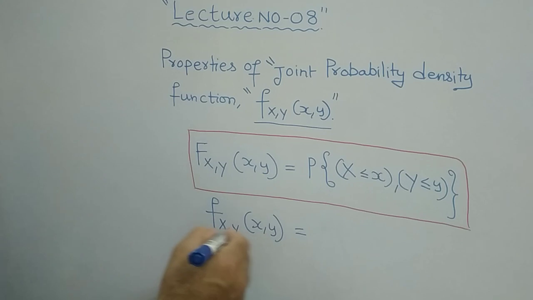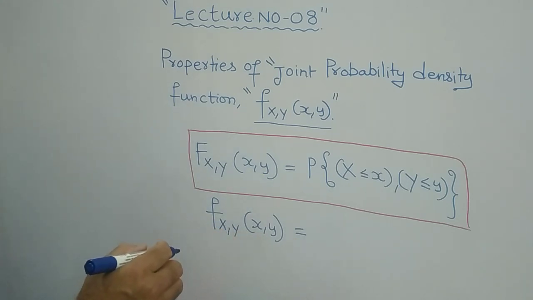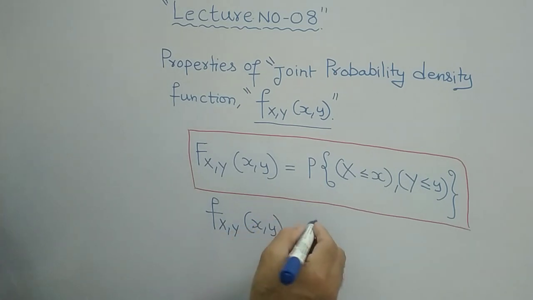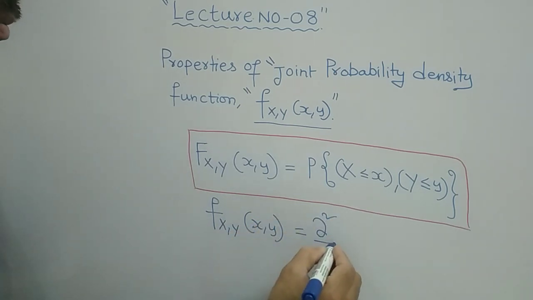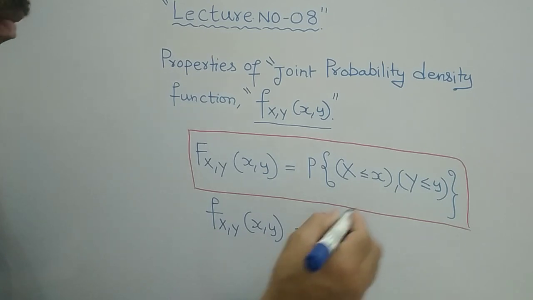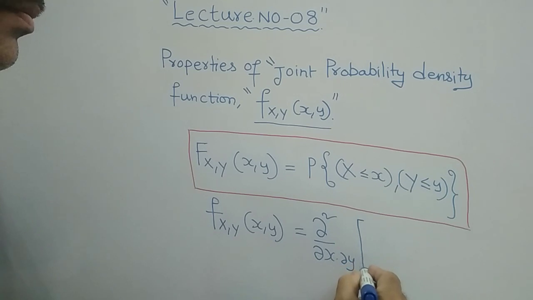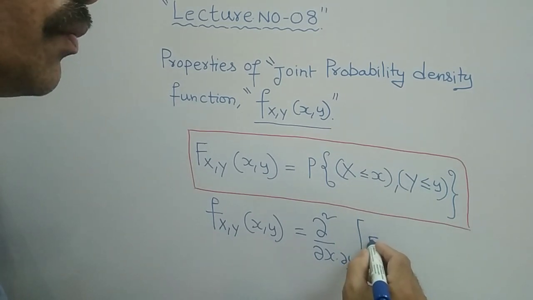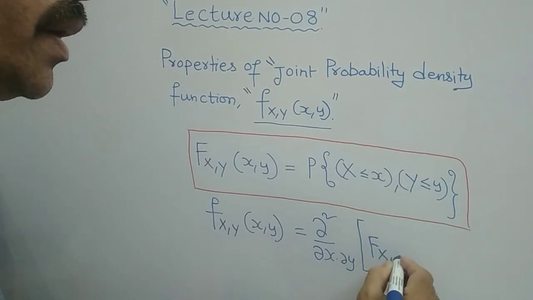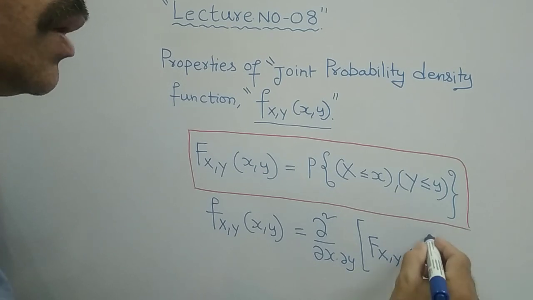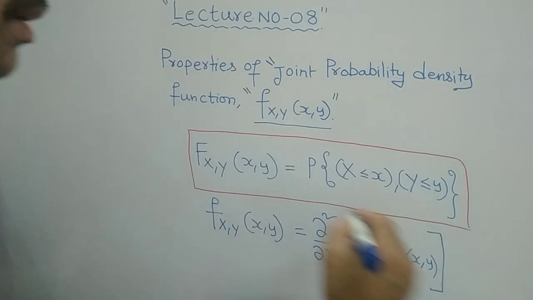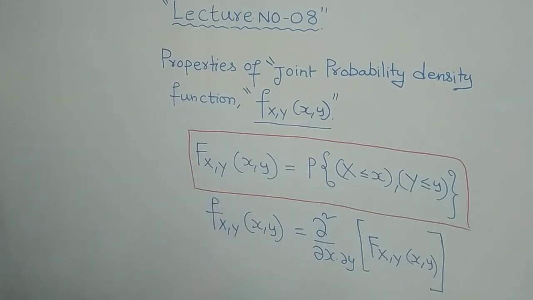As it is two-dimensional, with x and y, you should have the second partial derivative, dou square by dou x dou y, of capital F of x comma y. This is the definition of your joint density function.